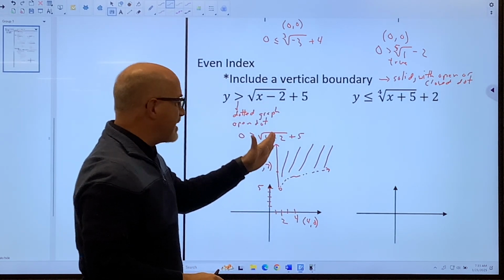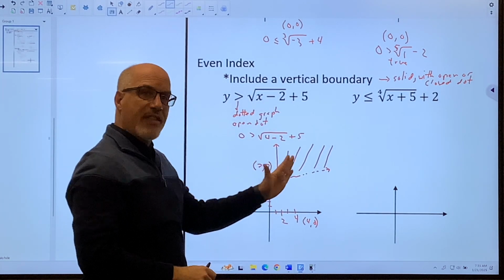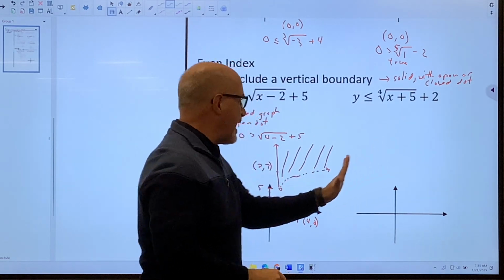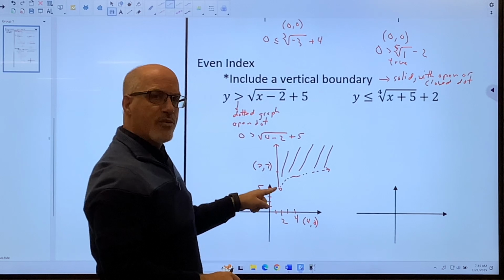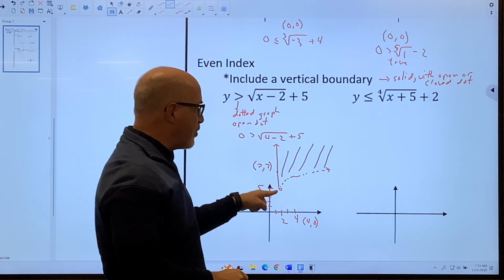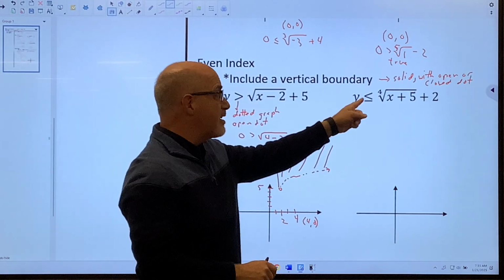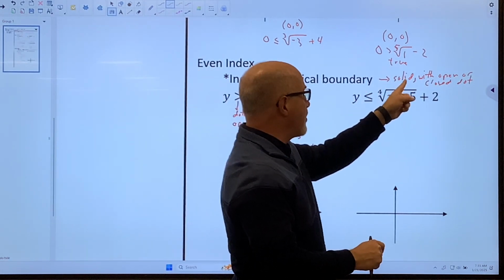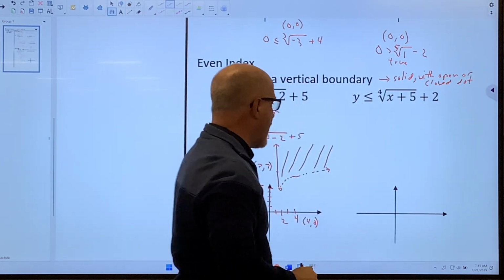So there's always a solid boundary on the edge of the domain, and then you shade on the other side, but there's an open or closed dot at the end of it. You got to make sure you include that open dot, whereas this one will have a closed dot. So always a solid boundary with an open or closed dot.